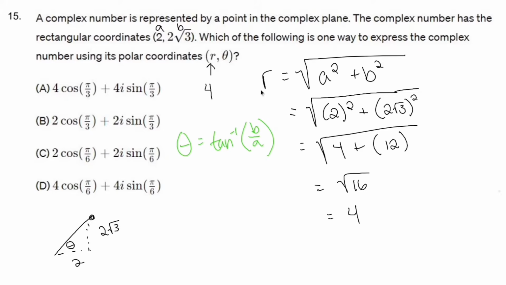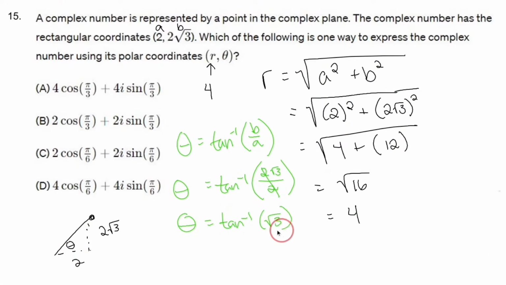That's going to equal the inverse tangent of what was b, 2 root 3 over 2, which simplifies to the inverse tangent of root 3, which is pi over 3. Took a second there.